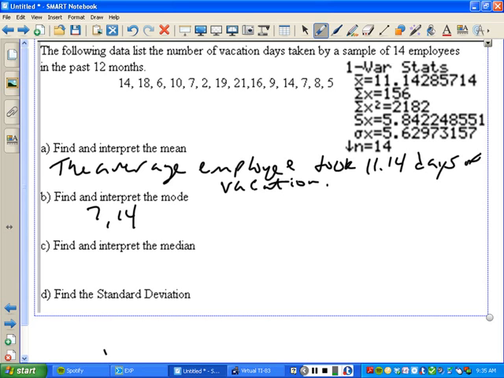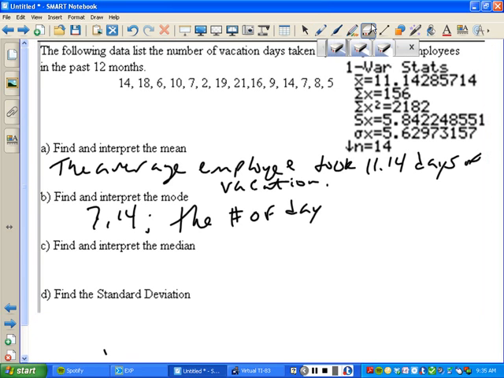But anyway, how do we interpret 7 and 14?